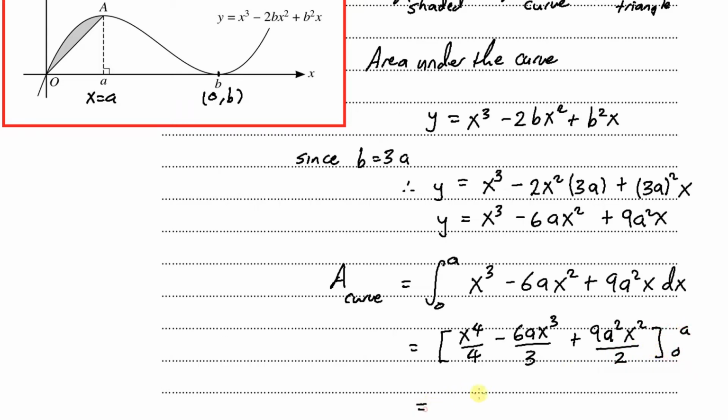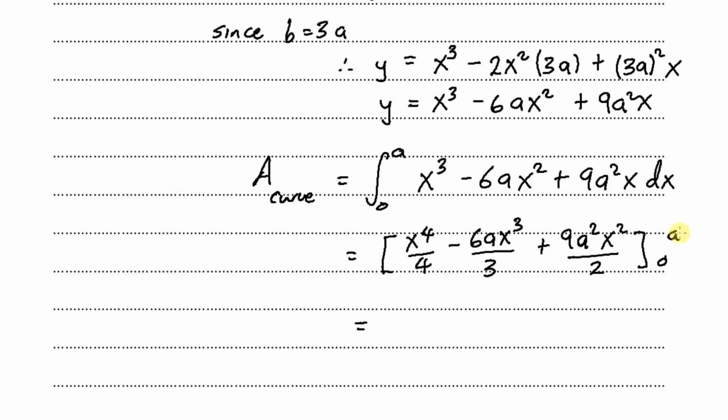I'll continue simplifying. So I'll substitute a for x, so that will be a to the power of 4 over 4 minus, substituting a here, 6a times a cubed, so it becomes 6a to the power of 4 over 3, and that's plus, substituting a here, it becomes 9a squared times a squared, that's 9a to the power of 4, all over 2.